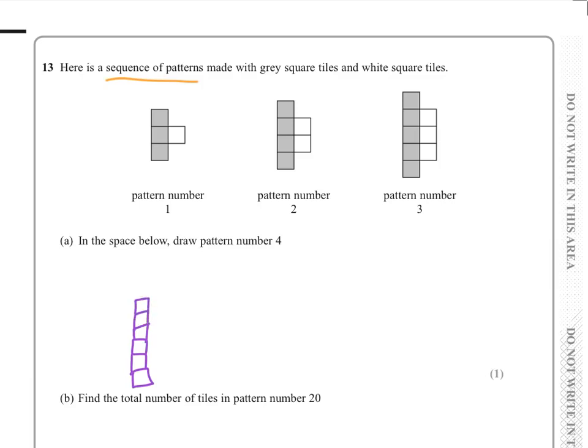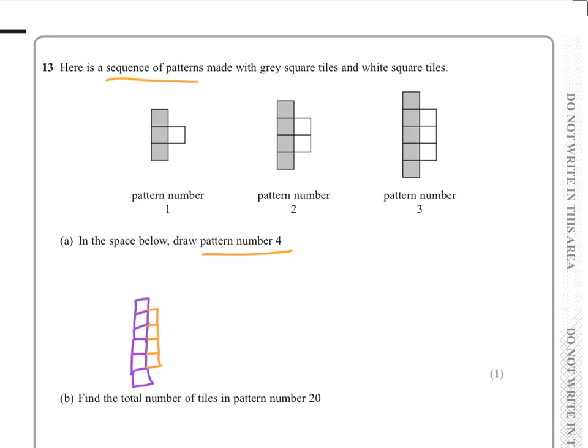And if you look at the number of white here, they start from the centre and they build outwards, and they go up 1, 2, 3. So there's going to be 4 of those. So there you go, there's pattern number 4.